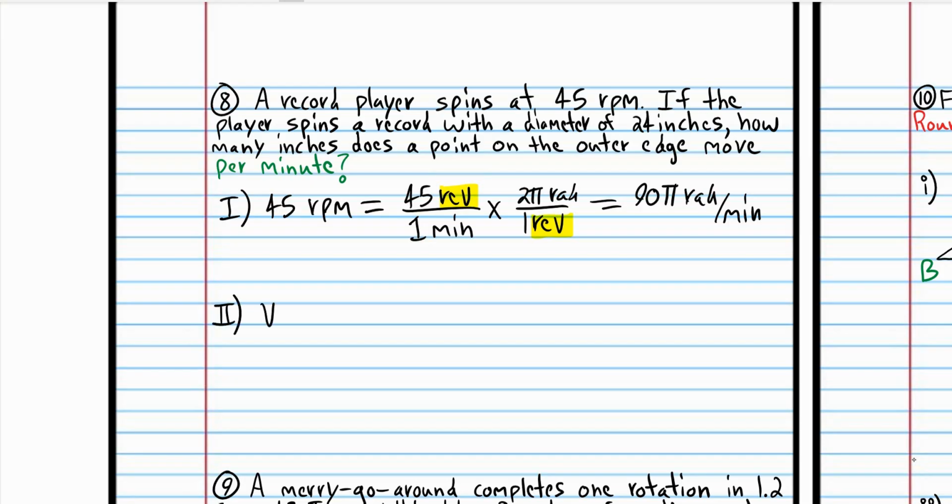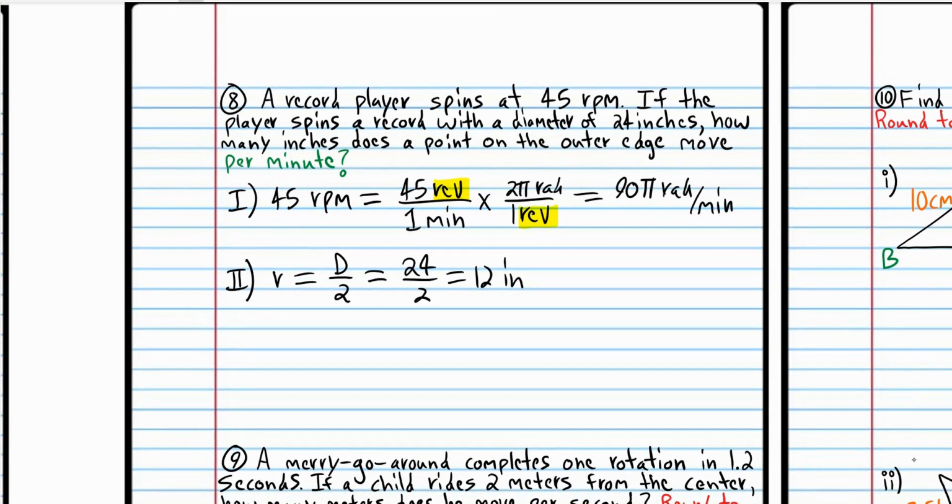So now we can find the linear velocity, but before we do that, maybe we should show that the radius of a circle is equal to the diameter divided by 2. We're given the diameter. So 24 divided by 2 is 12 inches. And now we can use our equation. The radius is 12 inches. The angular velocity is 90 times pi.